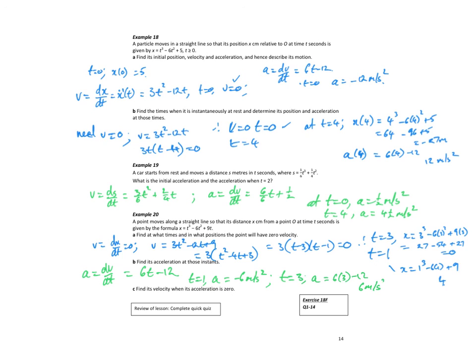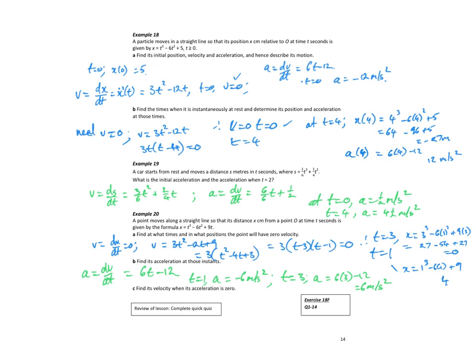All right. Finally, find its velocity when the acceleration is 0. So hopefully you can see now, it's just a case of picking the right equation. As soon as we got one equation, really we've got 3. We've got a rule for acceleration, velocity, and position. I need acceleration equal to 0, so 6t minus 12 equal to 0, so t is equal to 2.